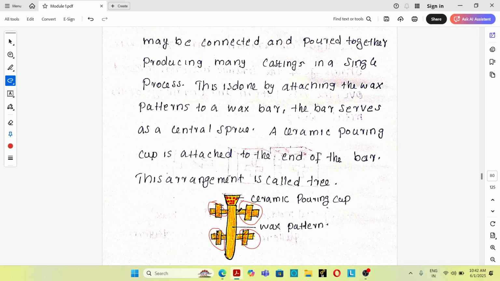This wax bar acts as a central sprue in the investment casting process. At the top of the wax bar, a ceramic pouring cup is placed. So this is a ceramic pouring cup, and the entire structure is known as the tree structure in the investment casting process.